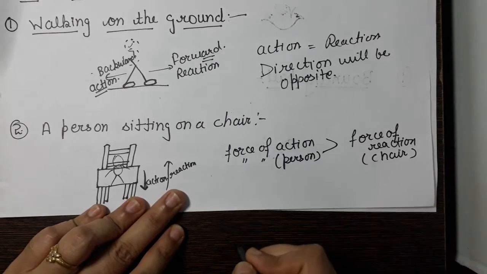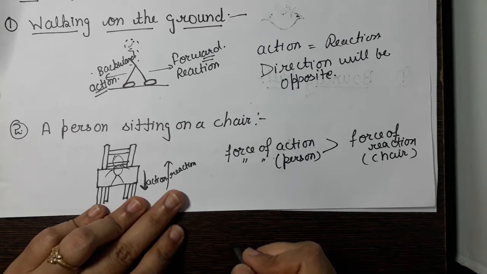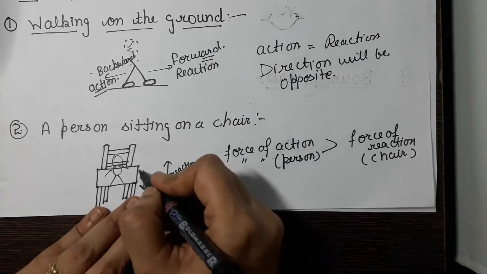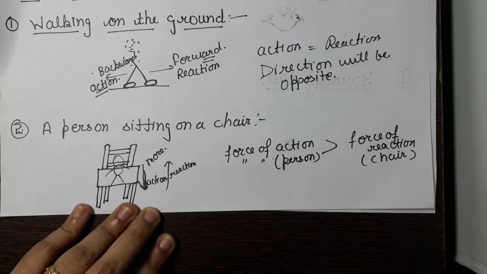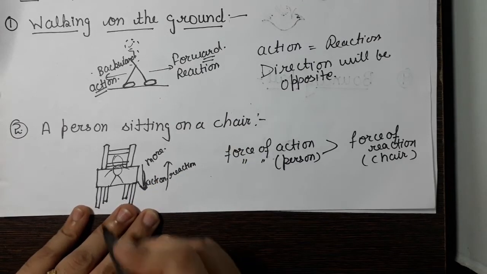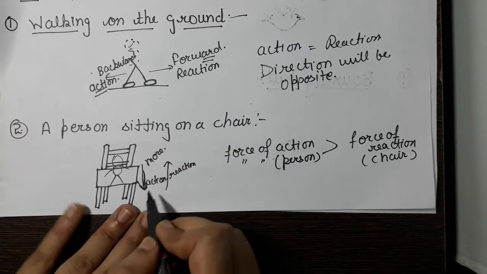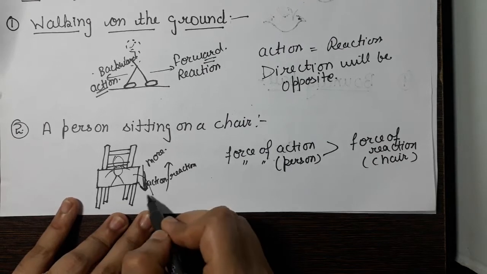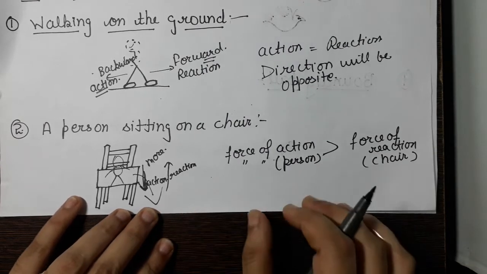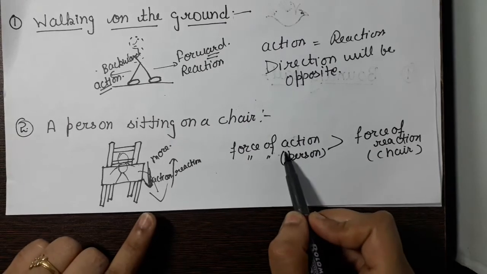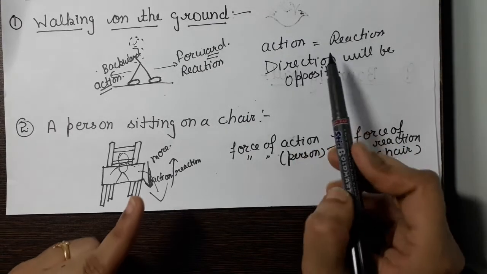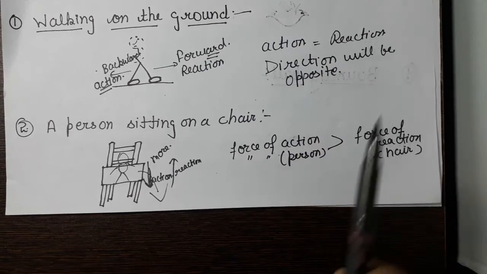Then what will happen? We will not be able to sit on the chair because this force is more. Our chair will collapse and we will fall down from the chair. So that's why it is a must that the force of action and the force of reaction should be equal.